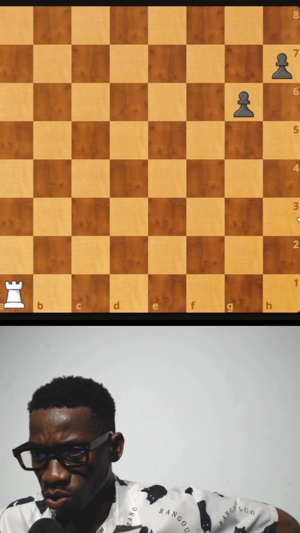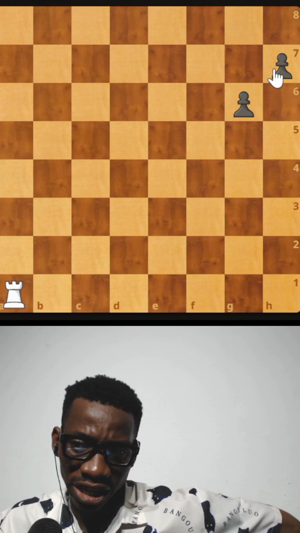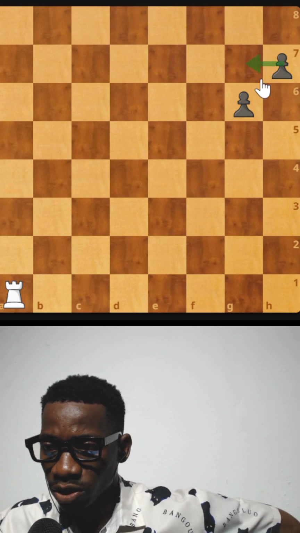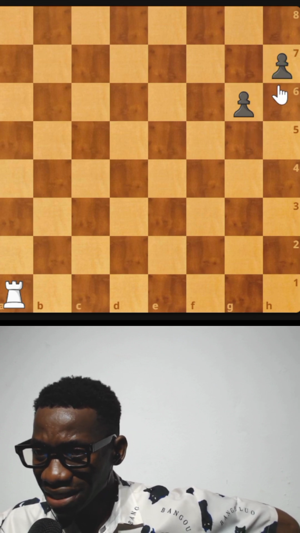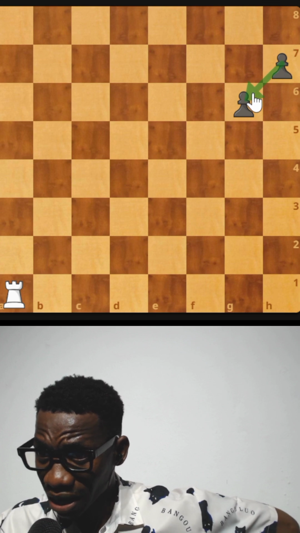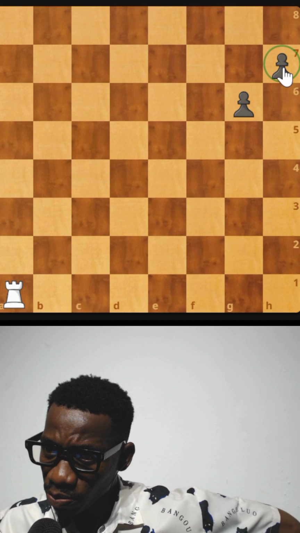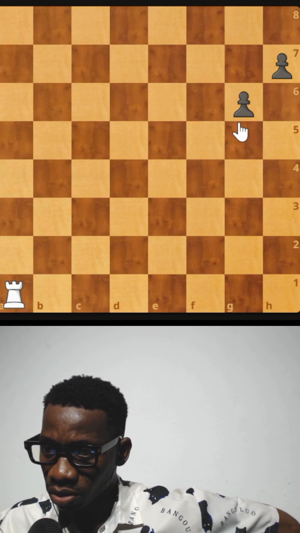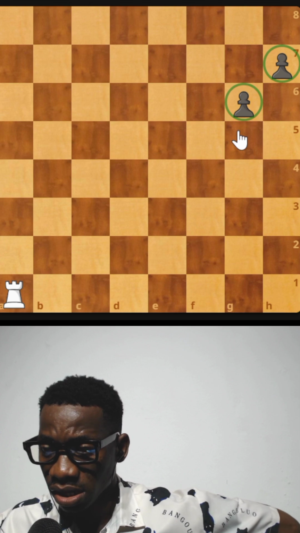Now, you should know that in the previous video I explained to you guys that this pawn captures diagonally. So if this pawn captures diagonally with a step, automatically, this black pawn cannot capture one of its kind. So this pawn over here is defending this pawn. This is the defender of this.